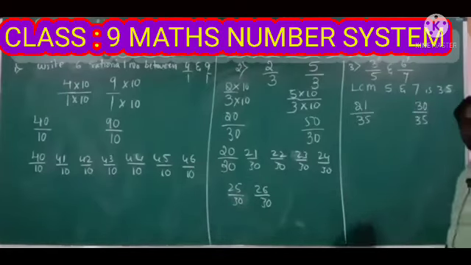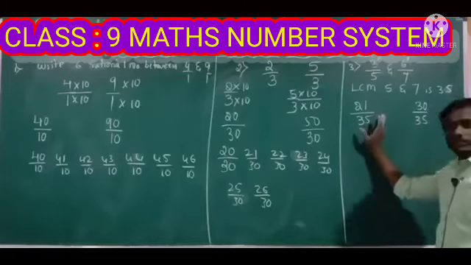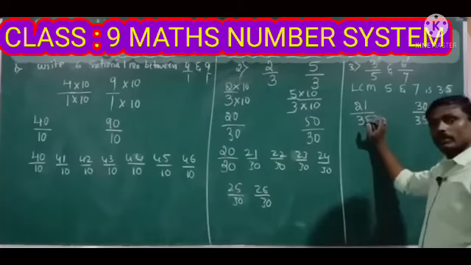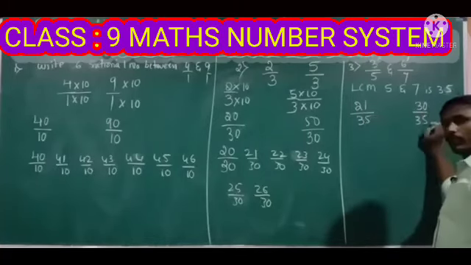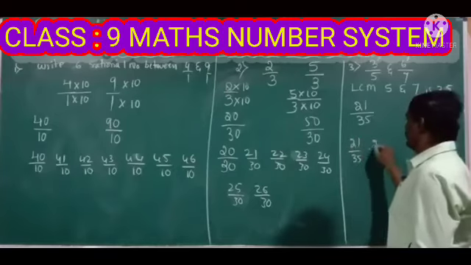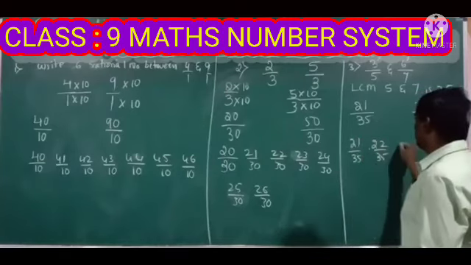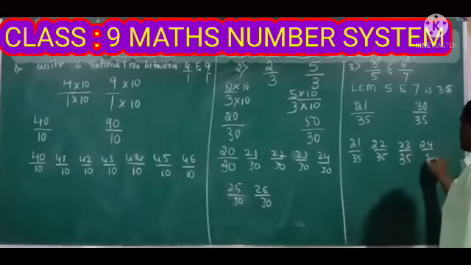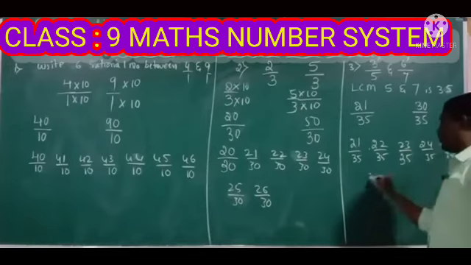Now you can easily write the rational numbers existing between 21 by 35 and 30 by 35. So 21 by 35, 22 by 35, 23 by 35, 24 by 35, 25 by 35, 26 by 35, right?